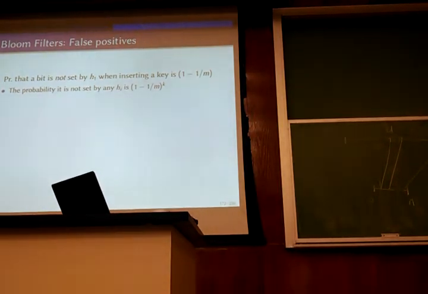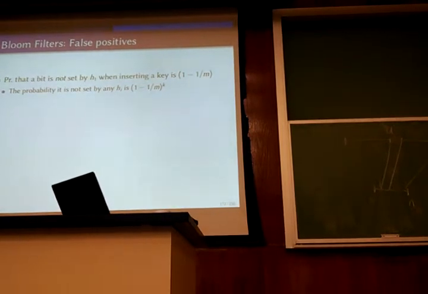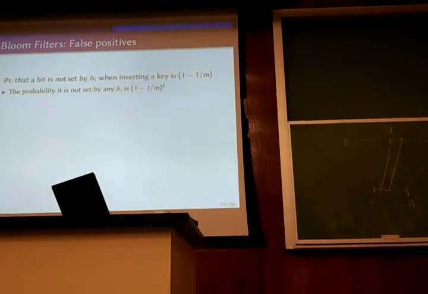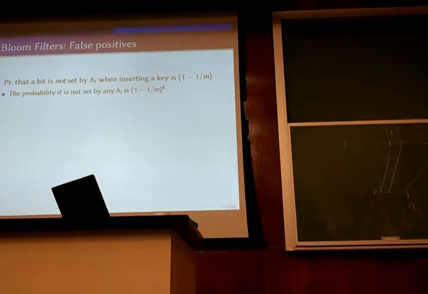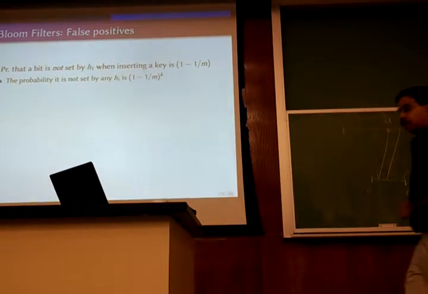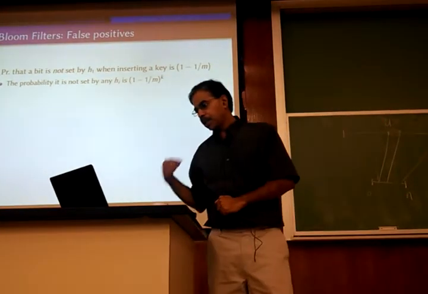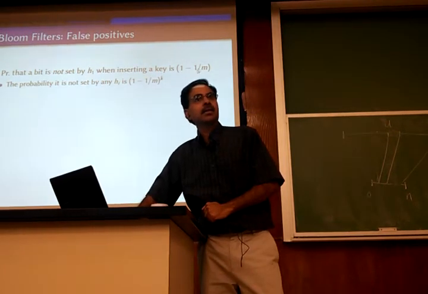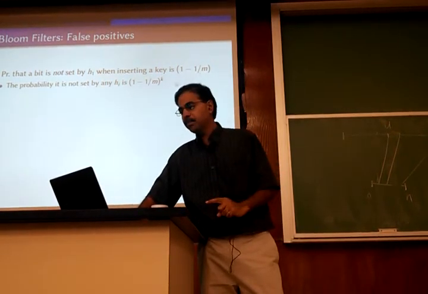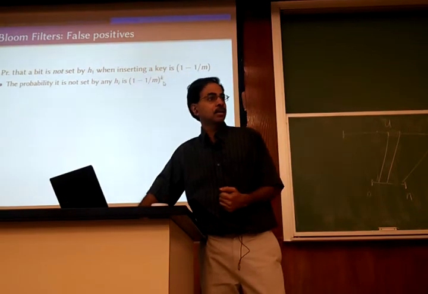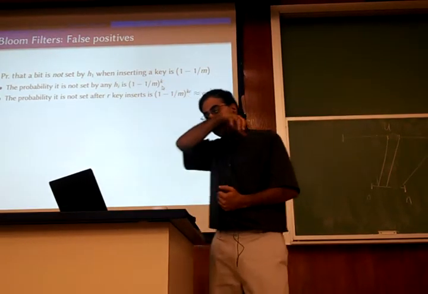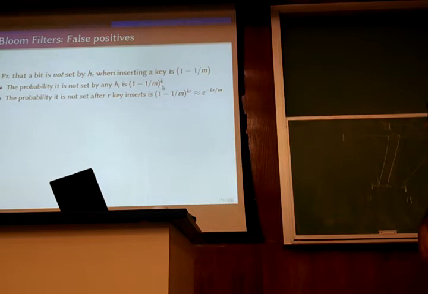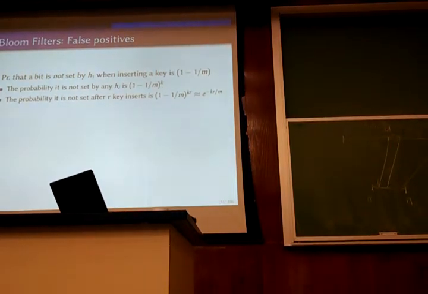I apply h1 to hk, so I set k bits, and each of those k operations shouldn't have touched this particular bit. Again, the standard calculation: 1 minus 1 by m is the probability that it didn't hit this cell in one attempt. So if you make k attempts, this is the probability that it didn't hit it in any of the k attempts.